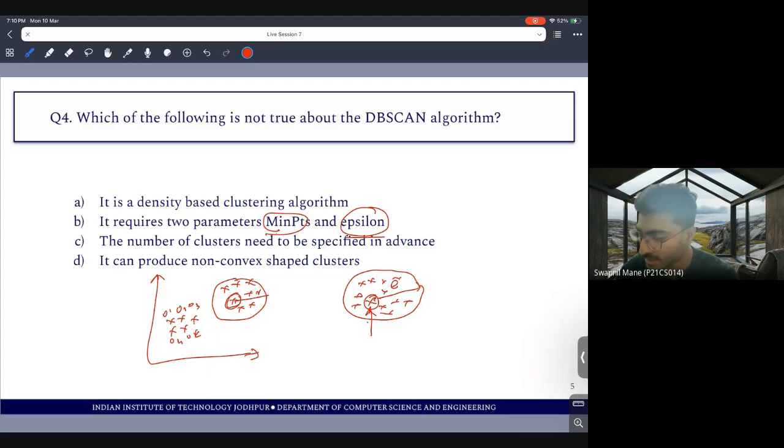Then what exactly is min points here? Min points is a hyperparameter which is also defined by the user, let's take it as 5.